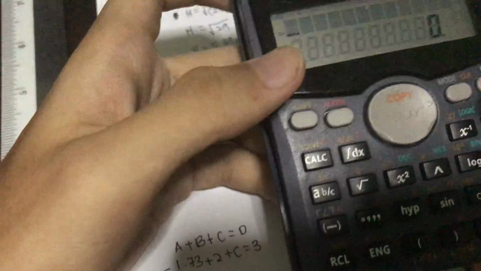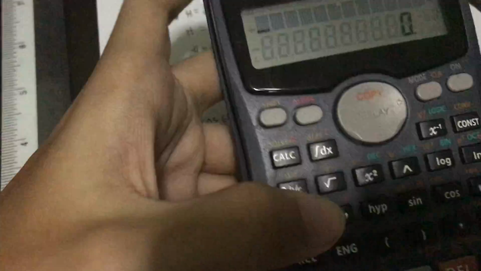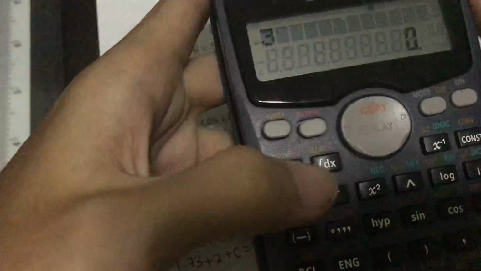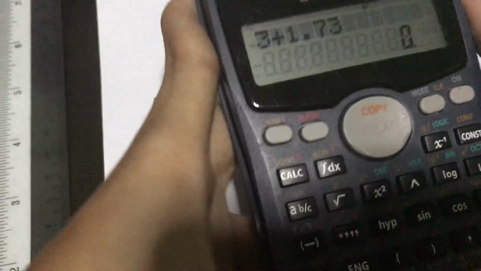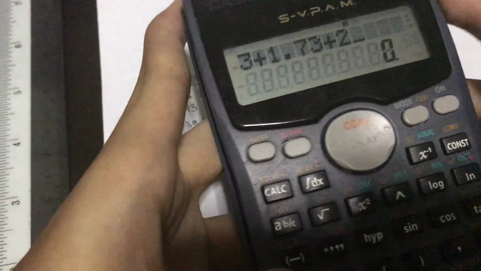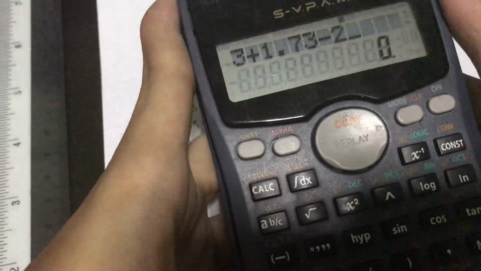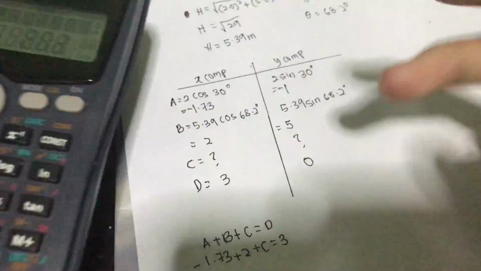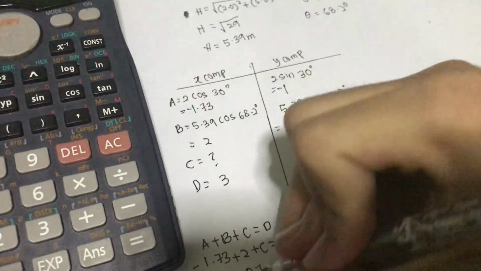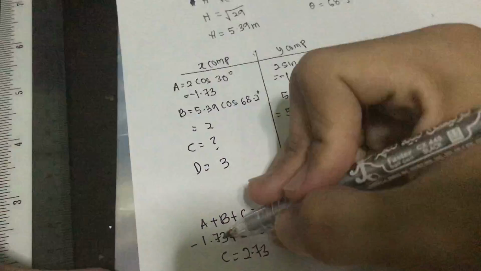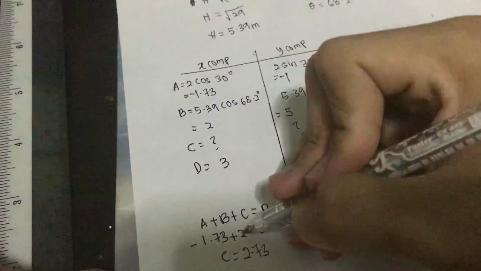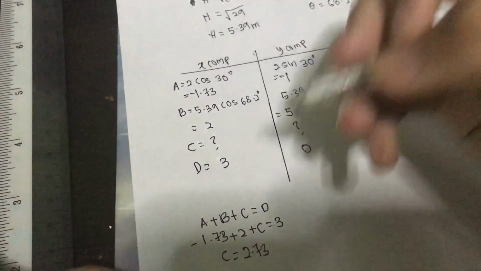Just transmit to the right side, and we get 3 plus 1.73 plus 2, minus 2, and we get 2.73, because this moves to the right side and this also moves to the right side, and we get C.